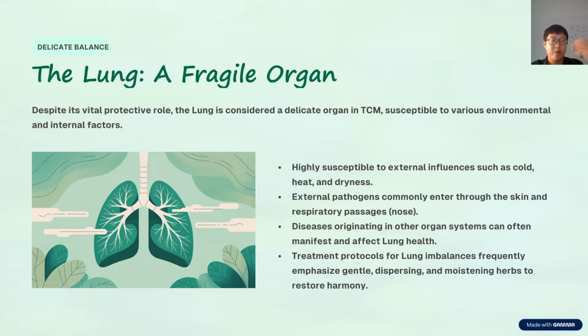You breathe in, breathe out. The stomach can also connect to the outside world because you eat the food, the water. So that's why the lung is fragile. And in Chinese medicine, we also believe the lung communicates with the outside world through the skin as well.